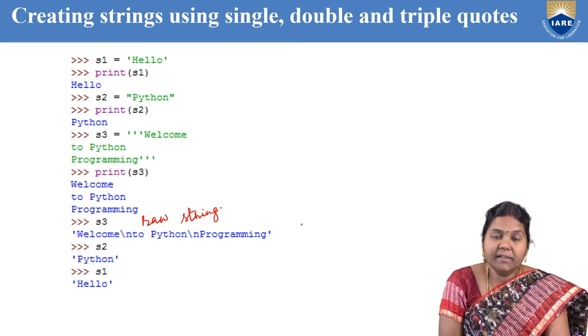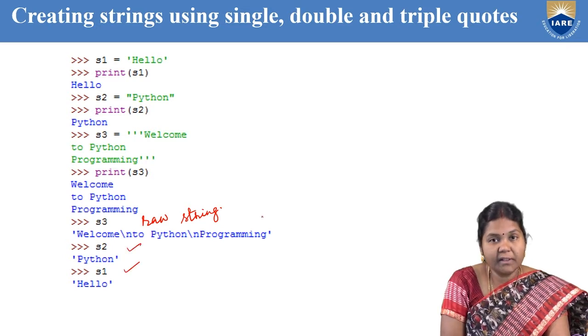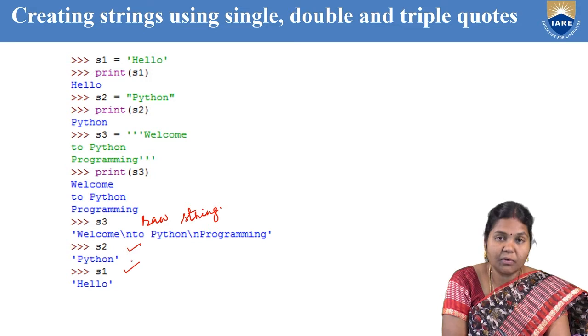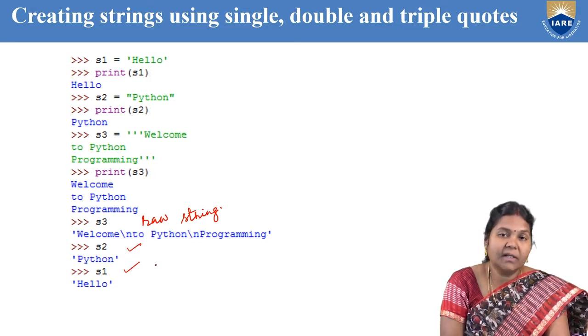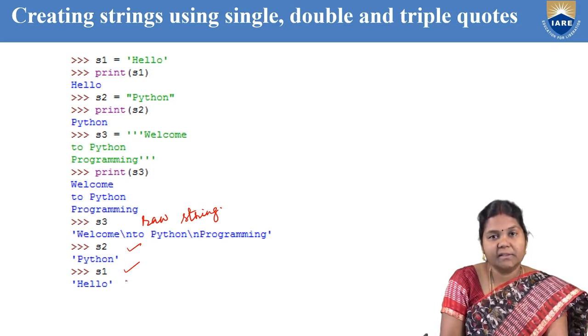But if you see internally how these strings are stored, the raw string for S2 and S1, S2 string we have created using double quotes, but if you see the raw string, it stores internally using single quotes only. Whenever you create strings, double quotes are allowed, triple quotes are allowed, but in the raw string formats you will find that it stores using single quotes only. But all the three quotes are used interchangeably.